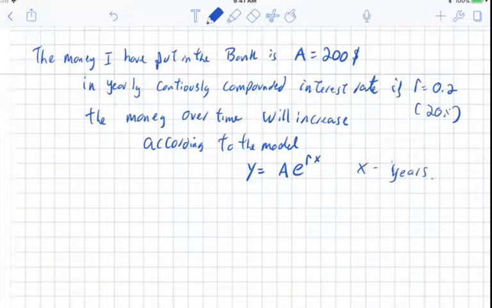This model is for continuously compounded interest. It's the one the banks use to figure out how much money is in the bank. You put money in the bank and it increases over time. It increases over time using a model called continuously compounded. And this is actually one of the most common places you as a civilian are going to see the exponential.